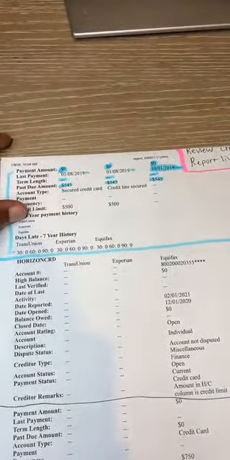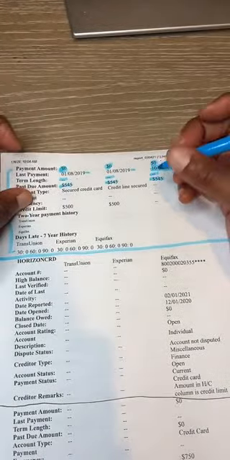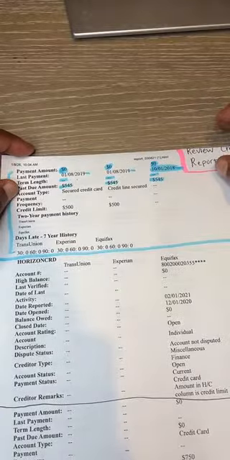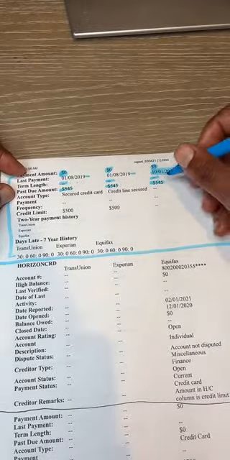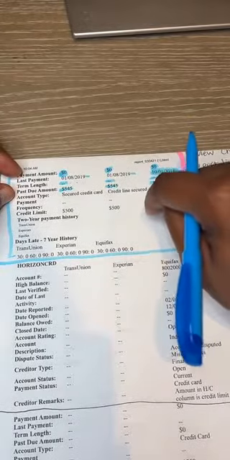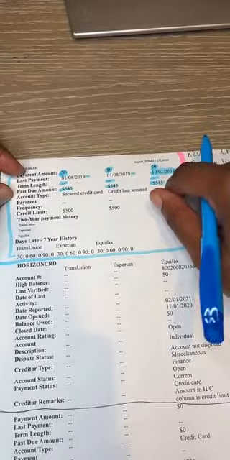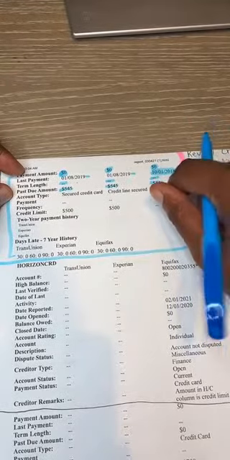Do not stop paying your credit card bill. Even if you don't have the money, a lot of times you can call the creditor, which in this case is Bank of America. You let them know, listen, I'm out of work.